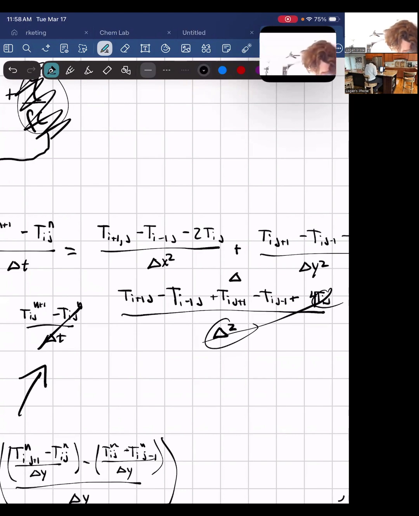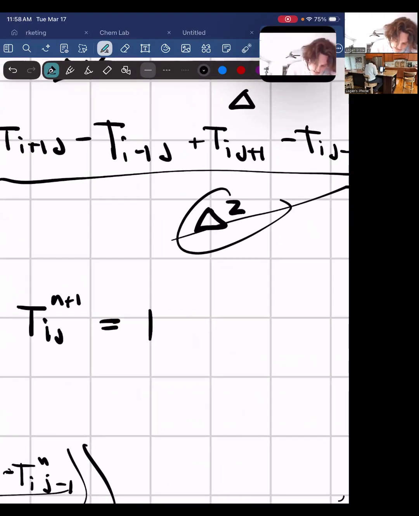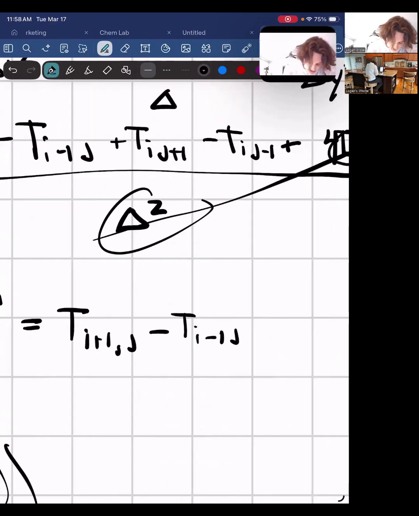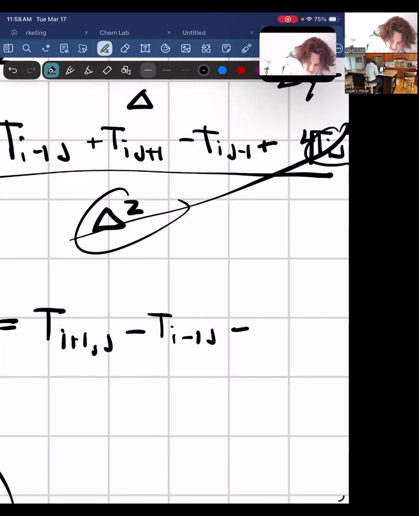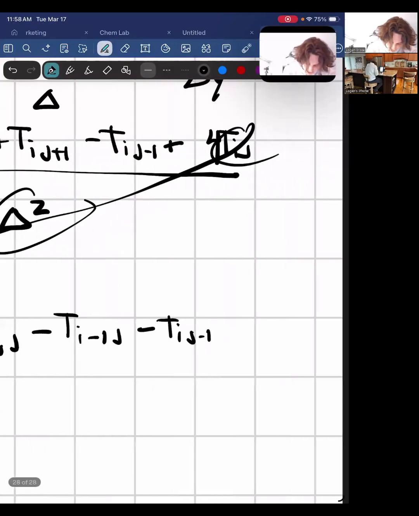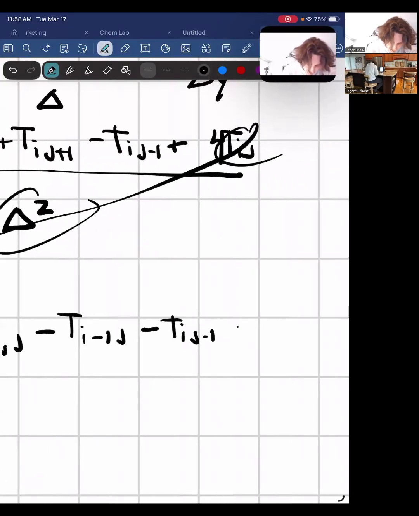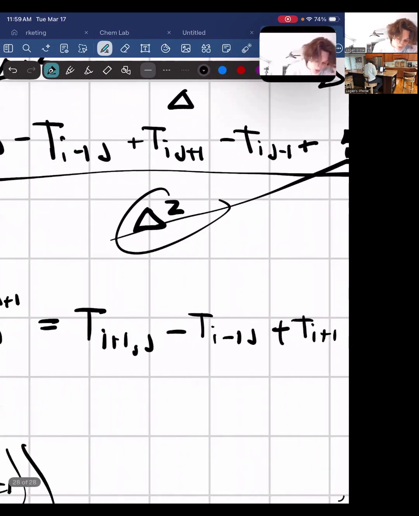So we come out with a final equation of T i j n plus 1 equals T, our temperature, i plus 1 times j minus T i minus 1 j minus T i j minus 1, sorry, T i j plus 1 minus T i j minus 1 all over 4.